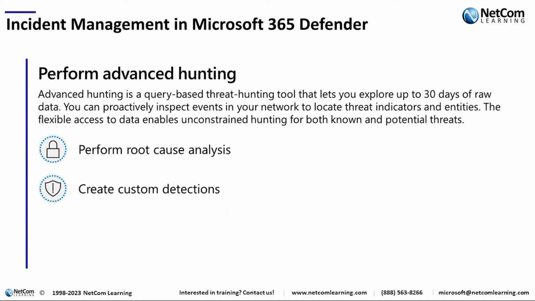So you're going to have a lot of logging information, and you're going to be able to use the hunting tool based on a query to go out and look at all that raw data and look for trends, okay? And the two things that you can do with advanced hunting, one is performing root cause analysis. So you're going to go out and say, oh, I've got this thing, and look at it, it's appearing in 10 different places. What's the root cause of this?